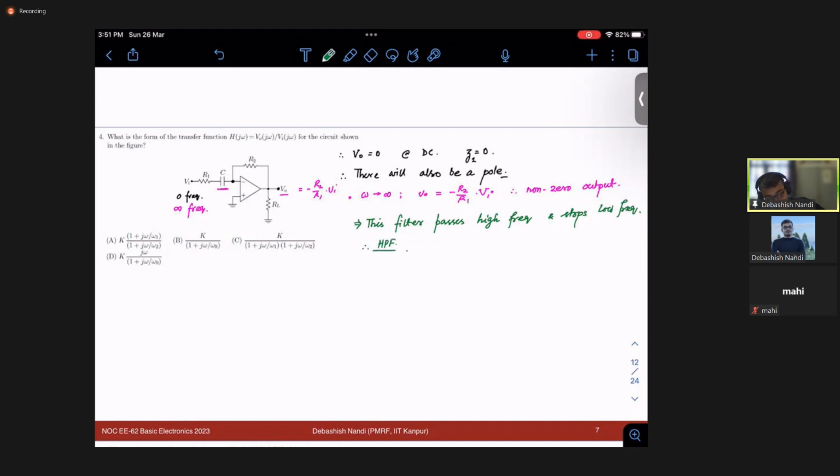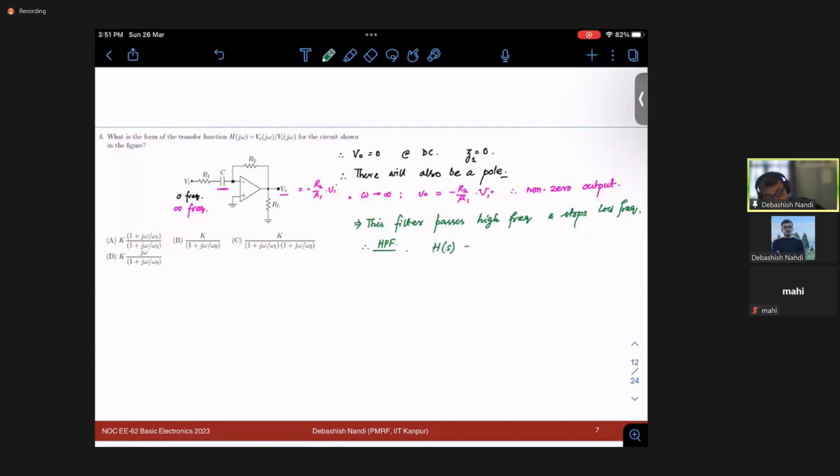And the transfer function will be of the form, you have a zero. Let me just go in the Laplace domain and then come back to this.